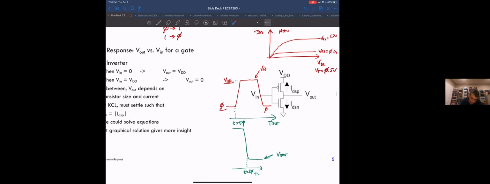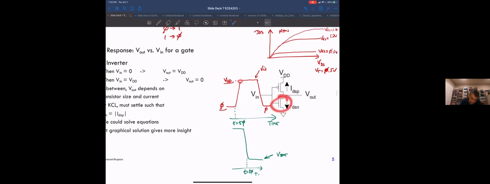This guy's going to start in saturation, then start walking its way towards linear. At some point, it's going to have a VGS of 1.8 volts at the ultimate end, like when you get to here.